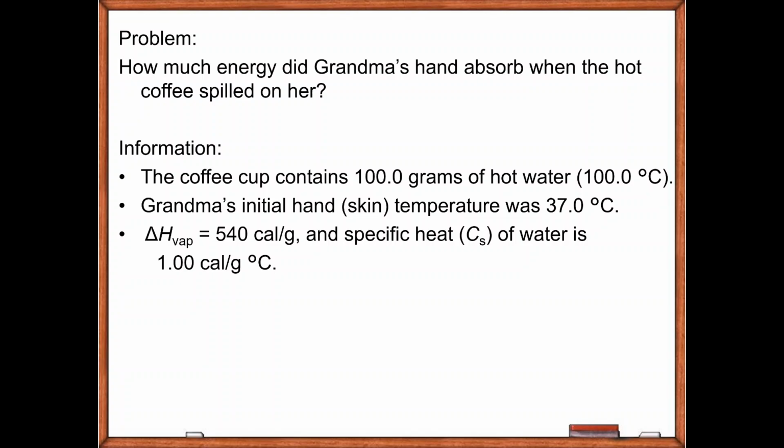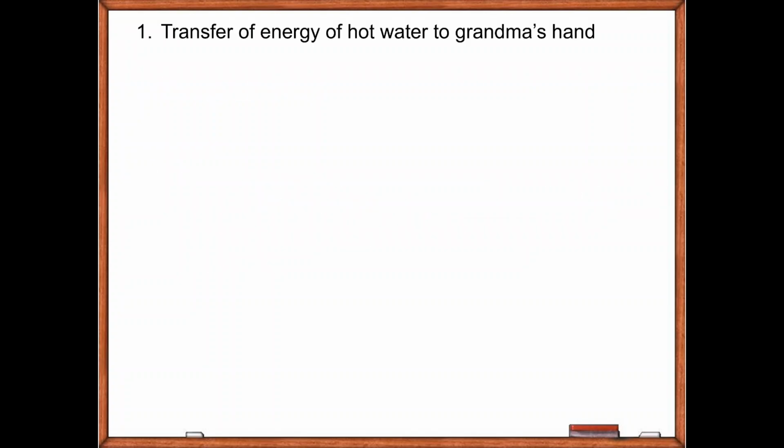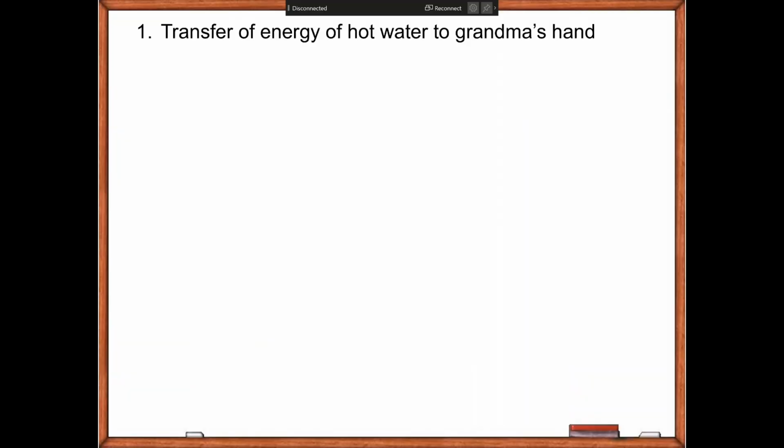They tell us a hot cup of coffee contains 100 grams of water at 100 degrees C. Grandma's initial skin temperature was 37 degrees C. They give us the delta H for vaporization, and the specific heat capacity for water is 1 cal per gram per degree C. So the first thing we want to do is calculate the transfer of energy from the hot water to Grandma's hand.